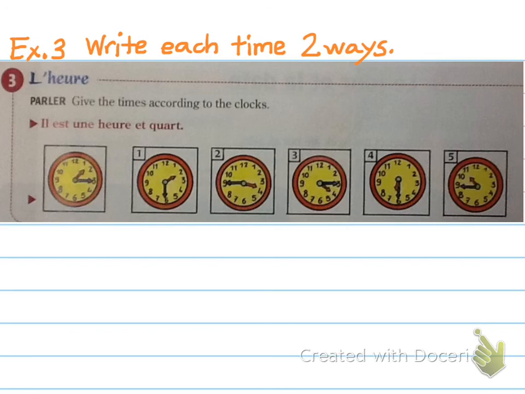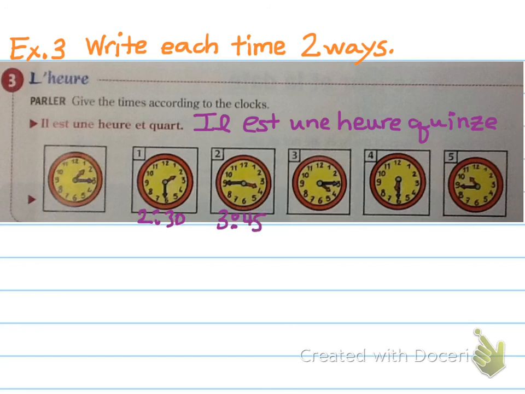So for the example, il est 1 heure et quart, that's part of it, but I'd also want you to write il est 1 heure 15. So remember, this is 2:30, this is 3:45, this is 4:15, this is 6:30, and this is 10:45.